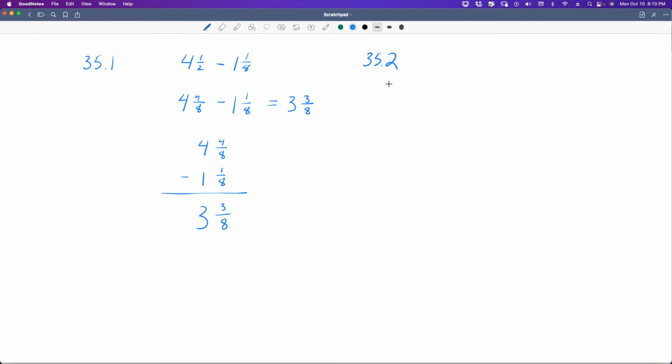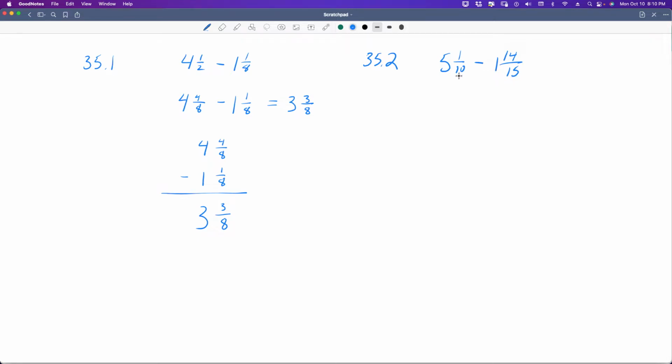In 35.2, we are asked to subtract 5 1/10 minus 1 and 14 over 15. Okay, so we know we have something in common here. These are both multiples of 5, right?